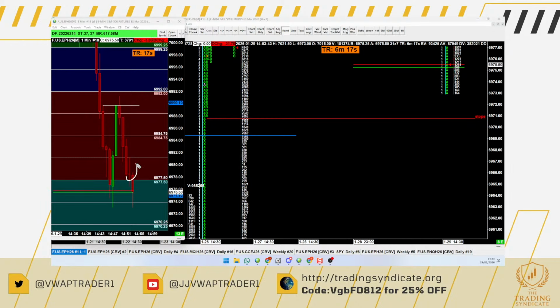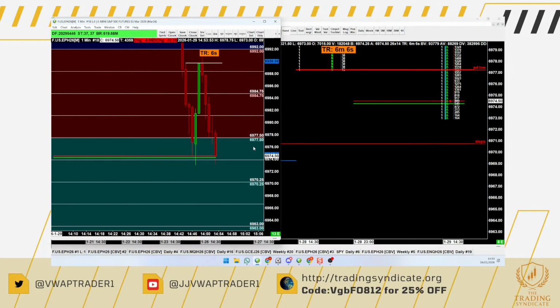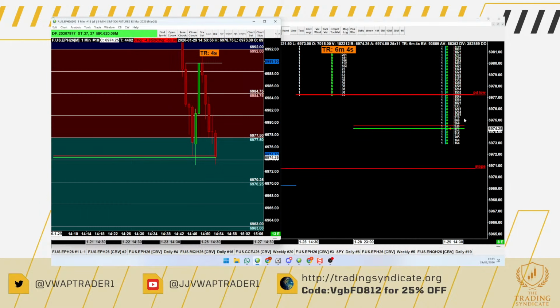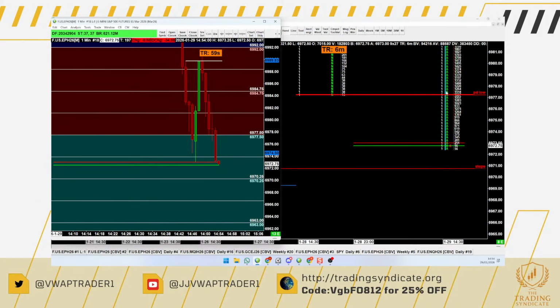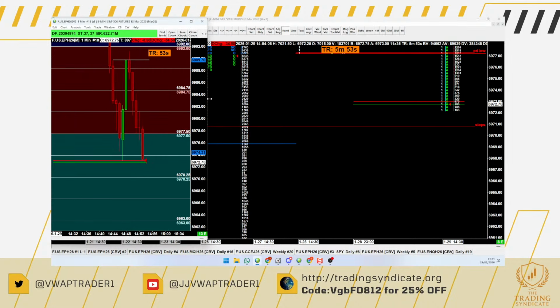I'd wait until we climb back up over 80 before I entertained a long, because we still have sellers underneath 77. Make sense? I'm not interested in a long. I would at least wait until we get over 80 because we've cleared the previous day low. Under the previous day low, you're going to have some margin selling, which will take us down to the promised land here.